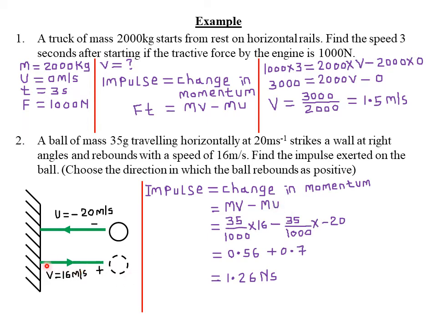Because we are told that the final velocity, or the velocity in which the ball moves after bouncing from the wall, is positive, that means the velocity of the ball approaching the wall must be negative. That's why our initial velocity u shall be negative 20 meters per second, because the direction from the ball towards that particular wall is negative, simply because we are told that the direction from the wall towards the right hand side is positive.